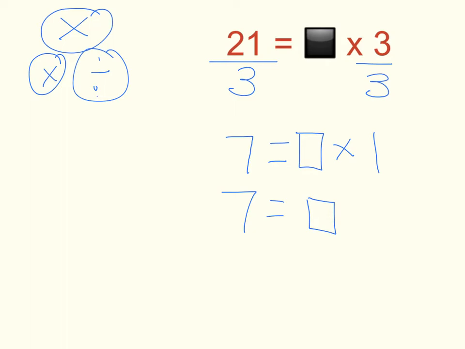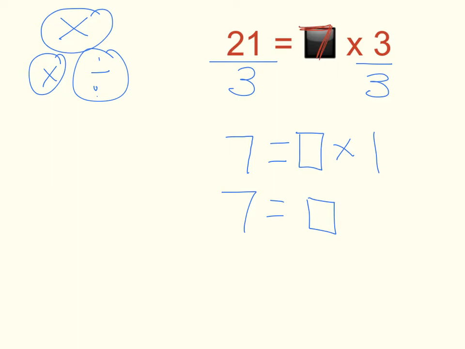To check this and make sure that I'm doing it correctly, I would plug my 7 into where the variable would go. I can do it right on top, write a 7 and check it, or I could rewrite the problem and see if it works. A lot of times kids prefer to just write it up on top, which is fine.